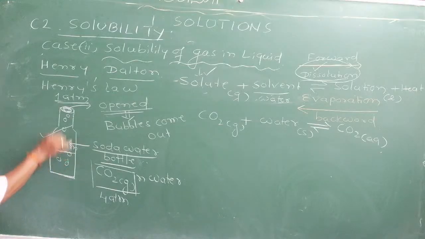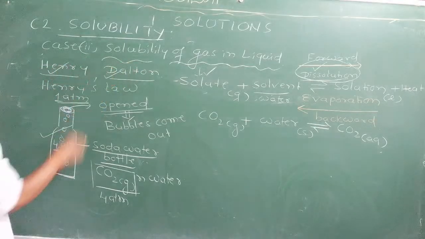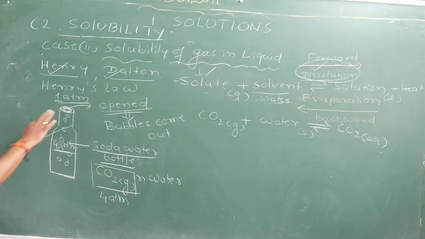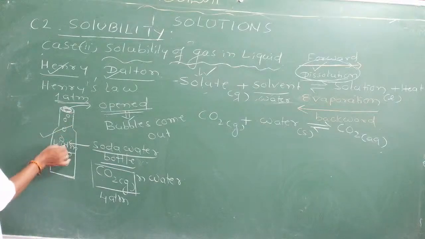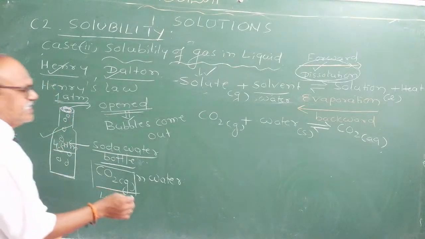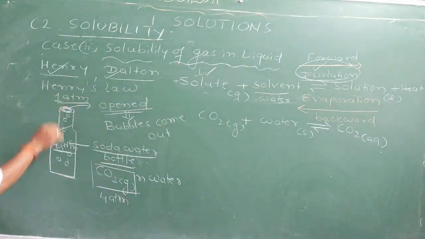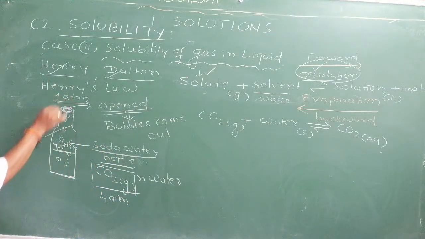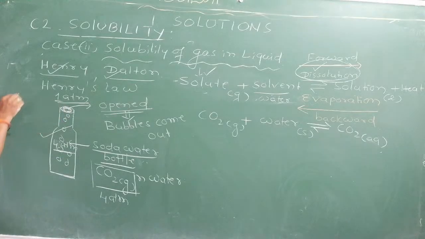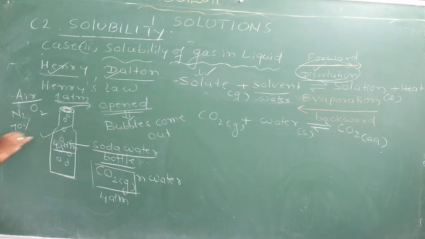This was observed by Henry as well as Dalton. Henry states that the mass of the gas dissolved... Air, for example, is a mixture of nitrogen, oxygen, more than 70% is nitrogen, remaining is oxygen, even carbon dioxide is present in the air, right?